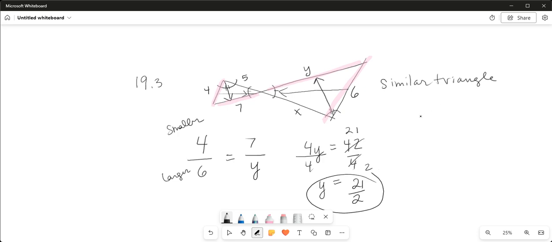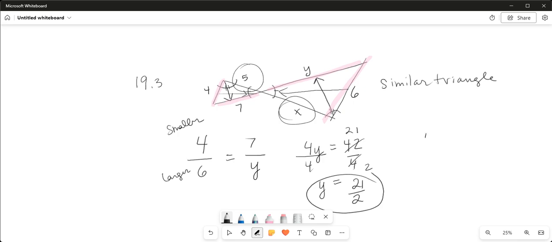And then we can do the same thing for x. The missing side, the side that is not highlighted, is the side that's proportional for that missing variable.